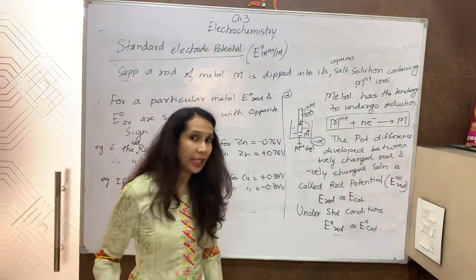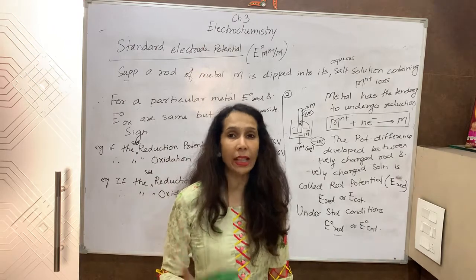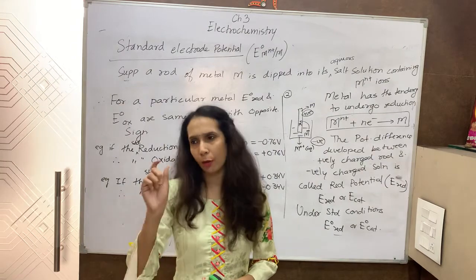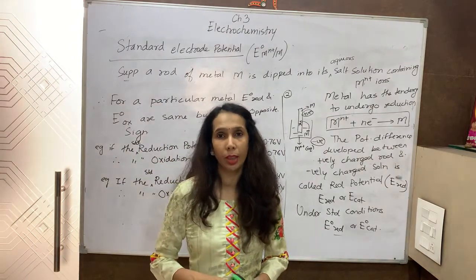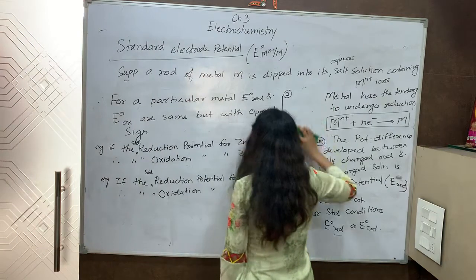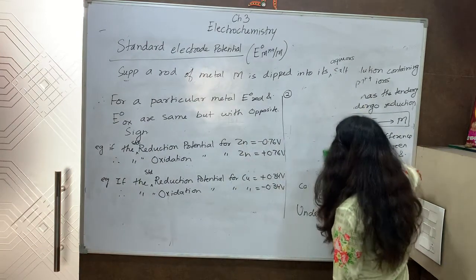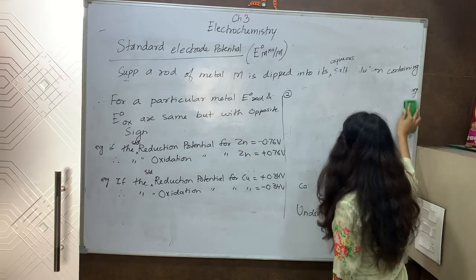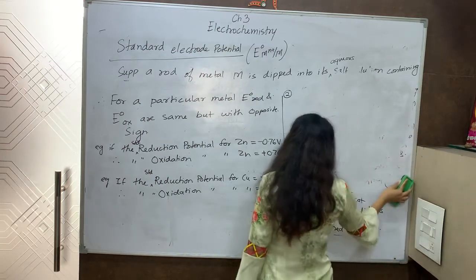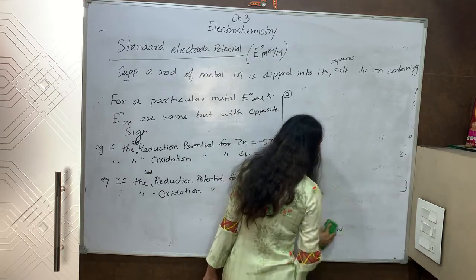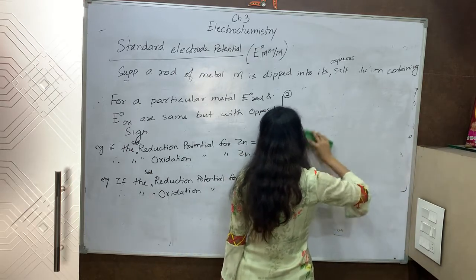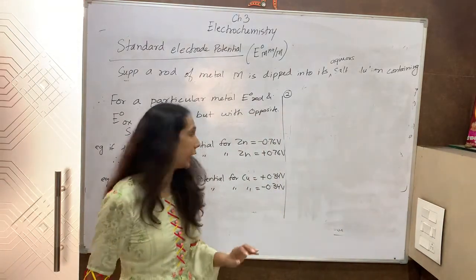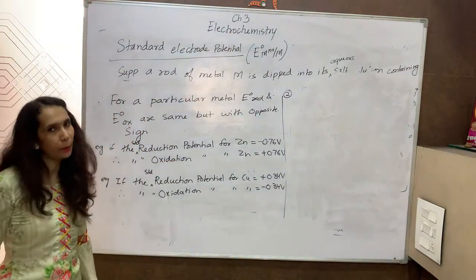Whatever we deal with now is only standard reduction potential, because if anybody asks me the oxidation potential, I just reverse the sign. The scientists have considered that standard reduction potentials will be called the standard electrode potentials, and in whatever formulas we use, only the standard reduction potentials are used as the standard electrode potential, and not the oxidation potential.